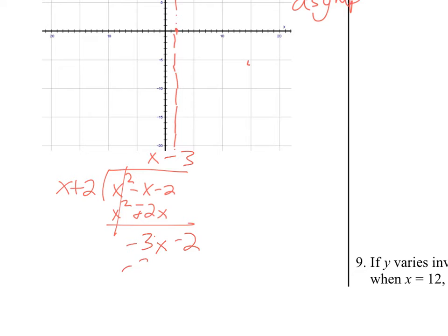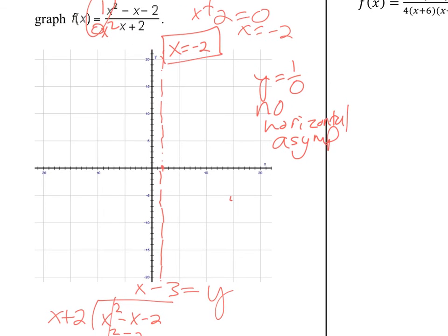And I get negative 3x minus 6. Well, if I subtract this, this goes away. I'm adding the 6, becomes a plus. I have 4. Well, I ignore the remainder for my slant asymptotes. This means that is my slant asymptote.